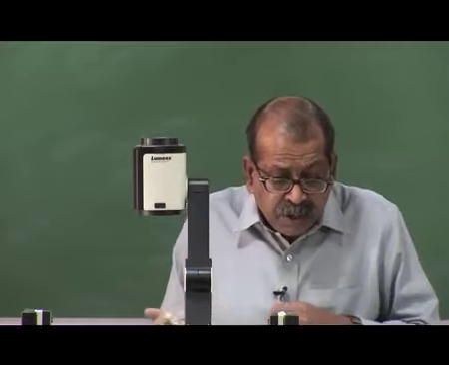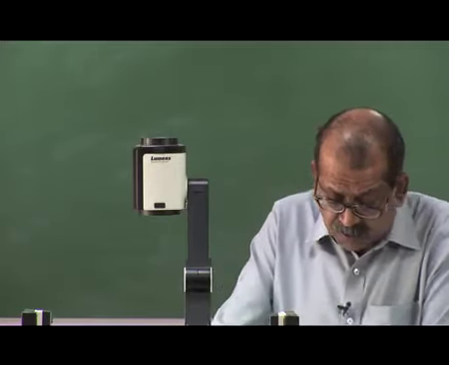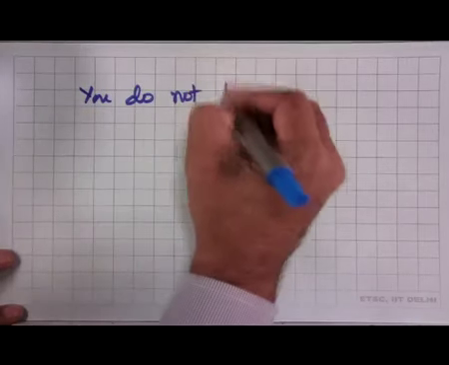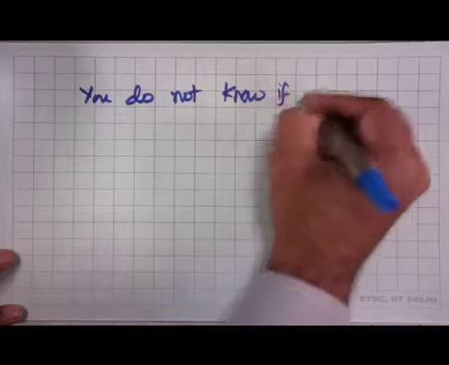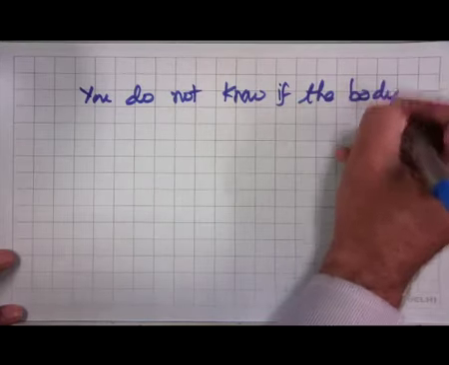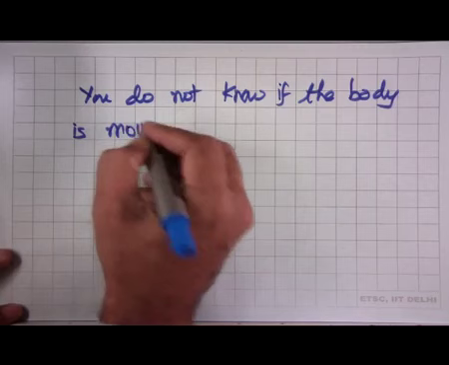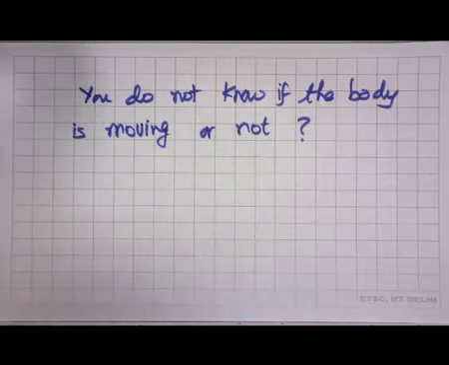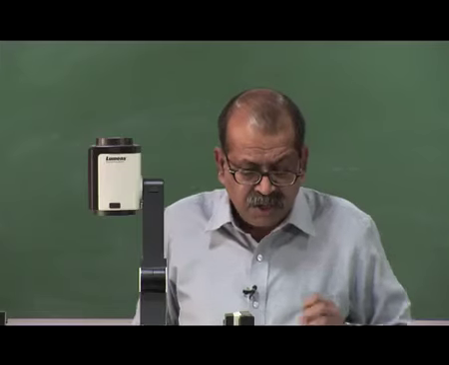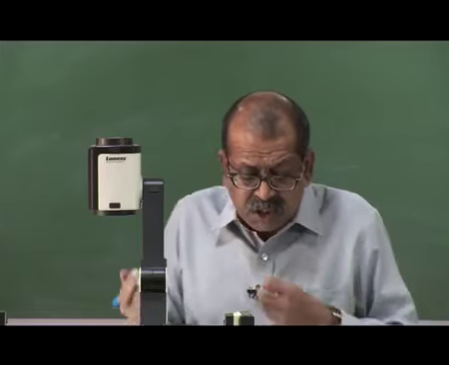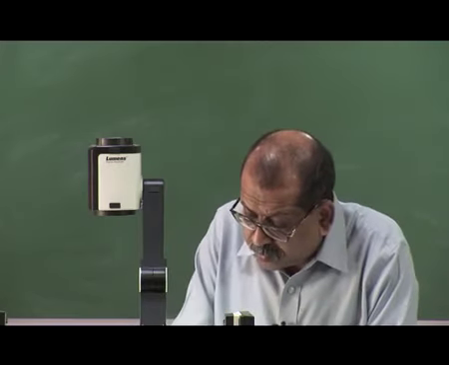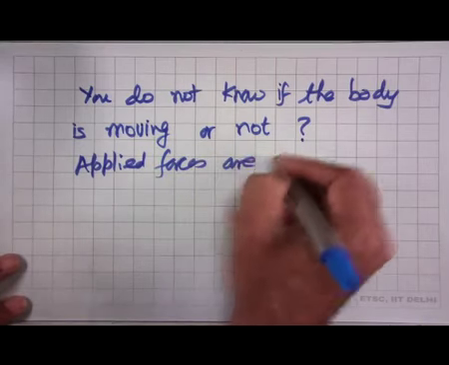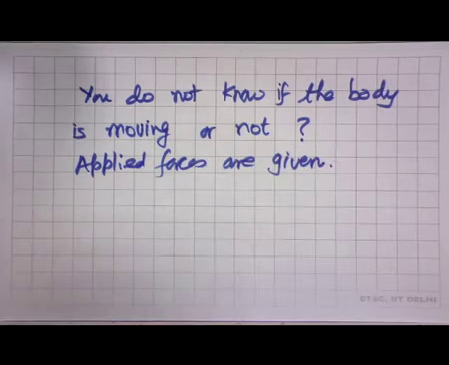Now maybe there may be a problem where you do not know if the body is moving or not, and we have discussed a very special simple case of this. So in such a case, how do we do? So applied forces are given.